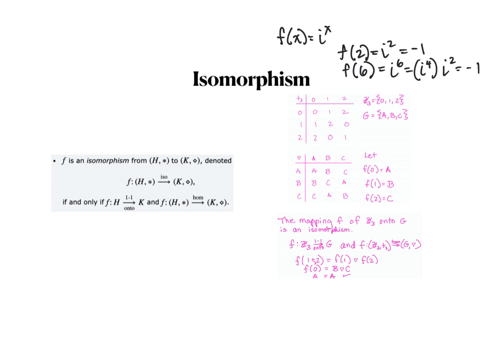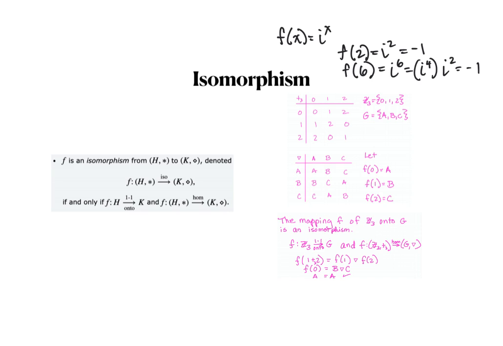Then my second set is the set containing A, B, and C, and I've defined an upside down triangle operation in this table. So if I did A upside down triangle A, I got back A, and so forth. Now, the mapping F of Z3 onto G is an isomorphism. I've let F of 0 be A, F of 1 be B, and F of 2 be C.